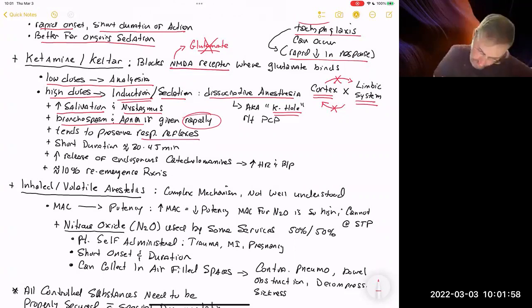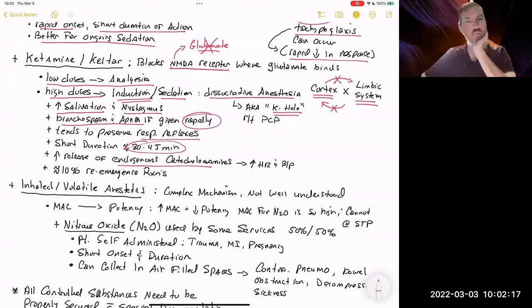It tends to preserve respiratory reflexes. So these people can be dissociated, but they tend to breathe and they tend to protect their airway, so they can cough and gag and all that. It has a really short duration of action, 30 to 45 minutes. And it does cause release of endogenous catecholamines. So if your body has catecholamines stored in its neurons, it will release the epinephrine, norepinephrine.